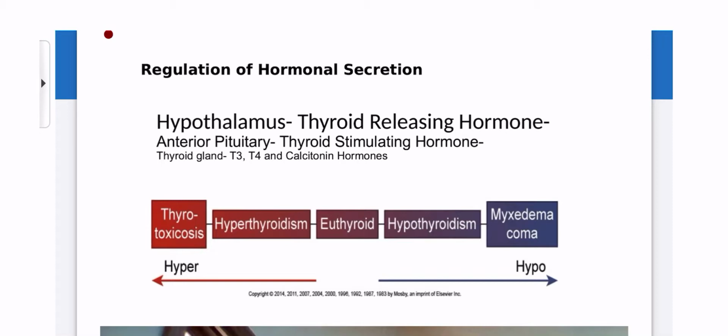If we can't maintain the euthyroid state and we get hyperthyroidism, the result is thyrotoxicosis, which we'll look at as we go along. Too little, the symptoms of hypothyroidism, which can result in myxedema coma. Person gets that lethargic. So really this negative feedback system works to maintain us in a euthyroid state.